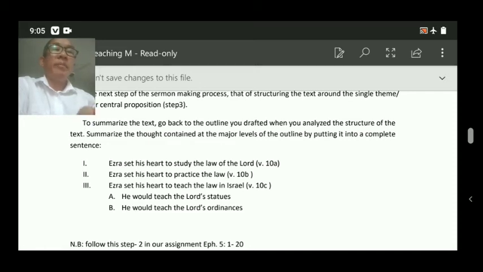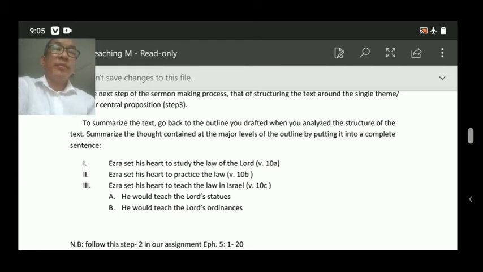The major point is: Ezra set his heart to teach the law in Israel. There are 2 things written in 10c: to teach the Lord's statutes and the Lord's ordinances.